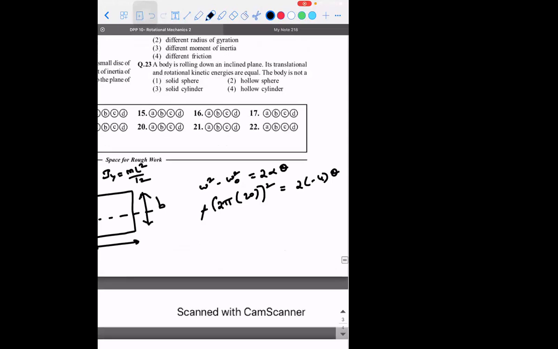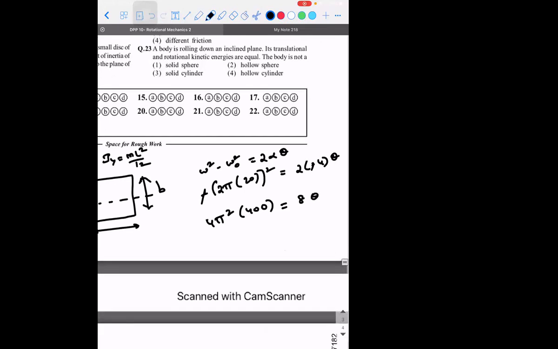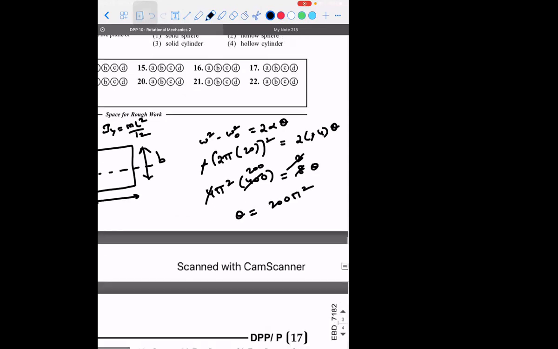So minus is gone. 4 pi square into 400 is equal to 8 theta. So it goes 2 times 200. So theta is equal to 200 pi square.